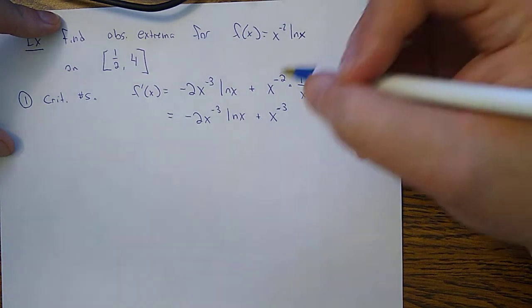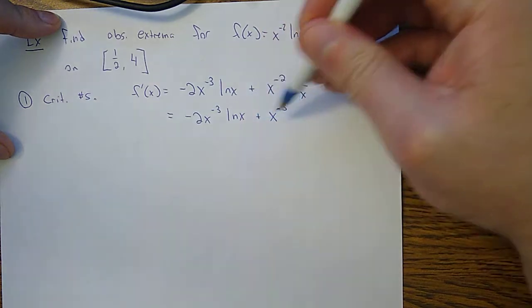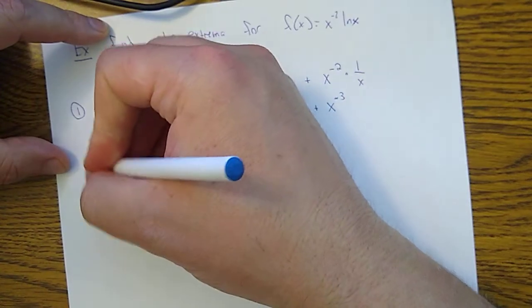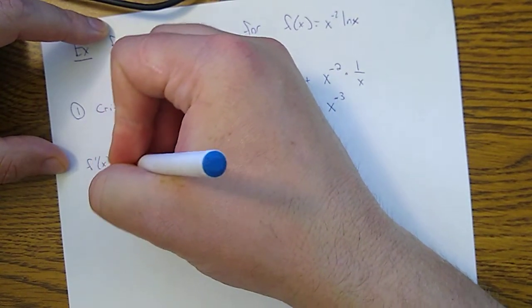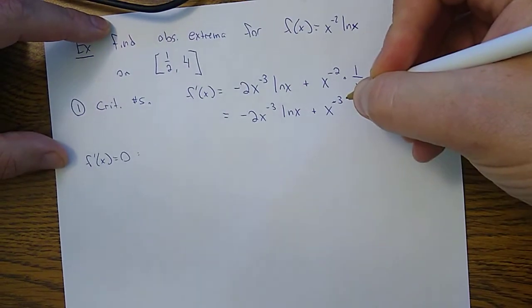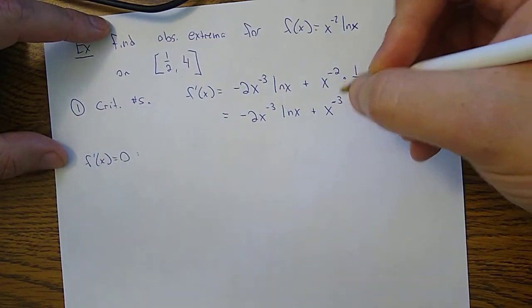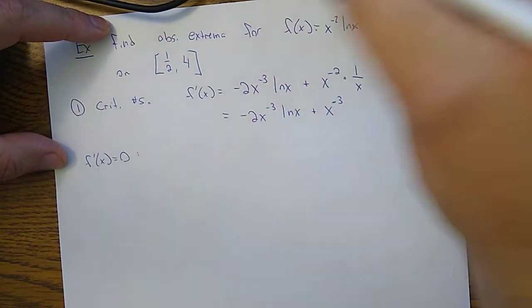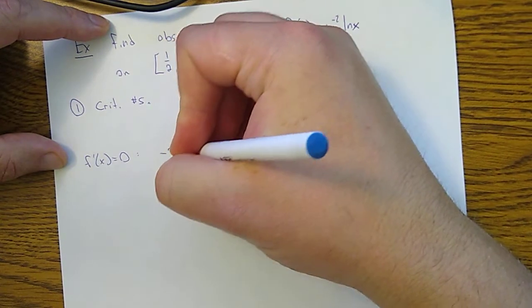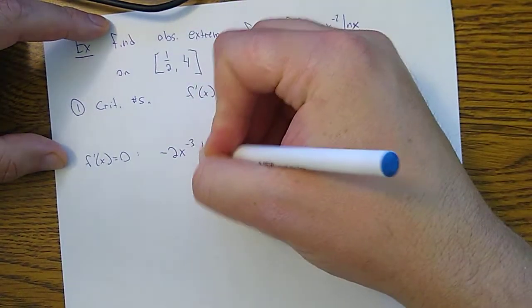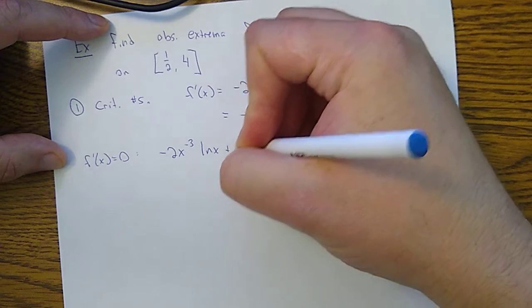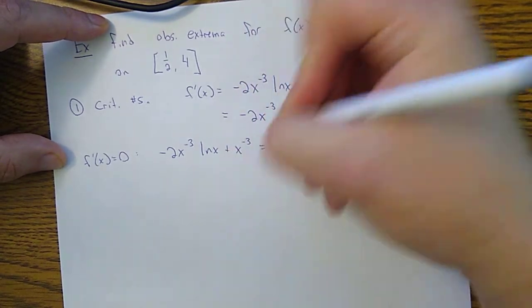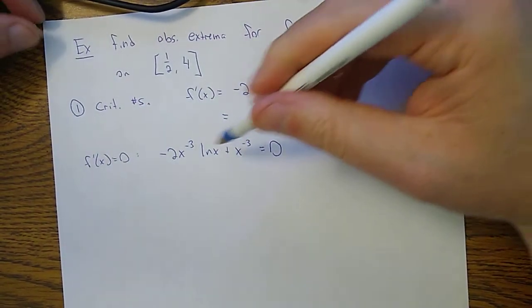Okay, so what are the critical points? The critical points are where this equals 0 or where it's undefined. So I'll have to remember to do that later, but first let me take care of when it's 0. So I have this.